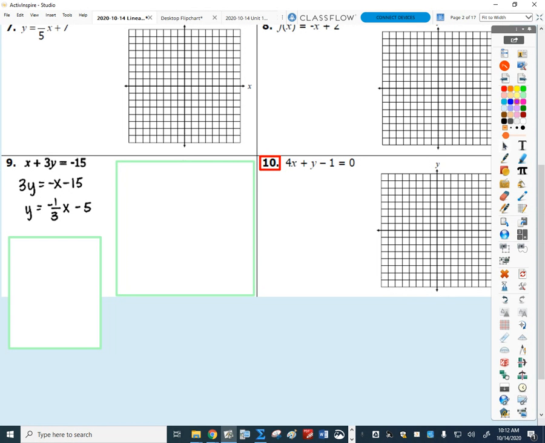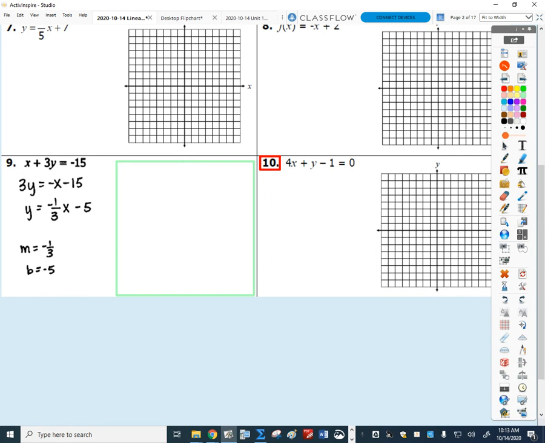We can identify the slope by inspection, just by inspecting the equation. Olivia, what's the slope here? Negative 1/3. And what's the y-intercept? Negative 5. Good.